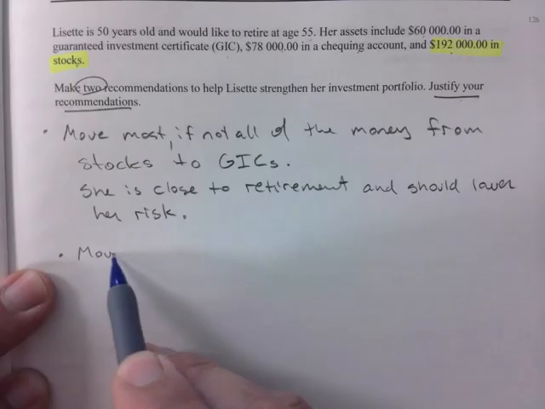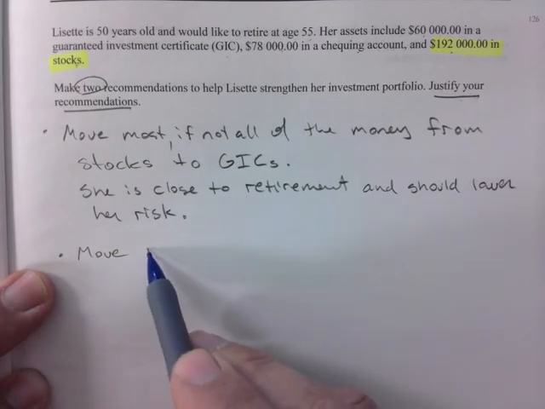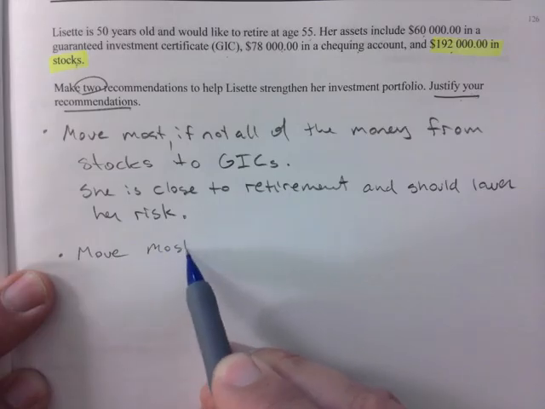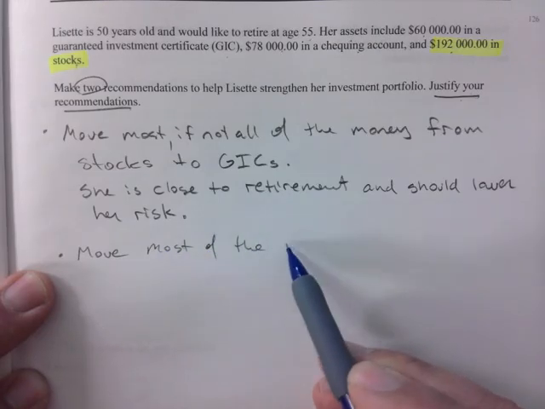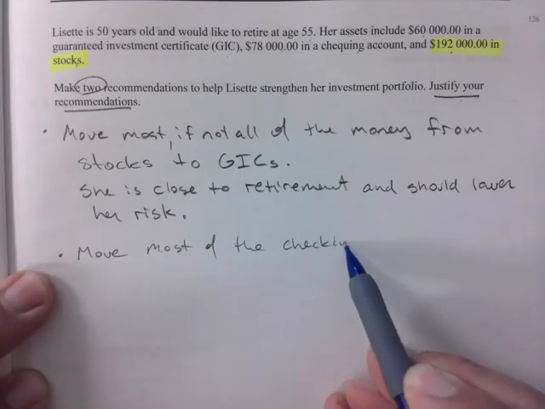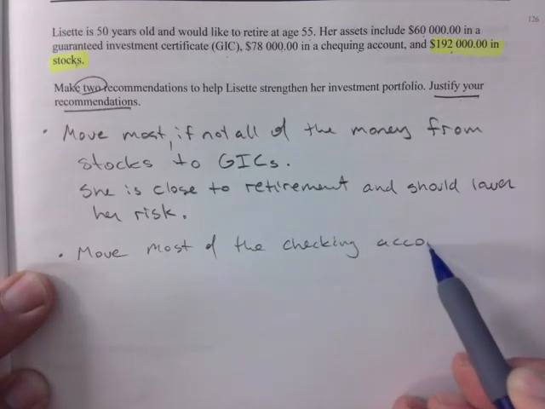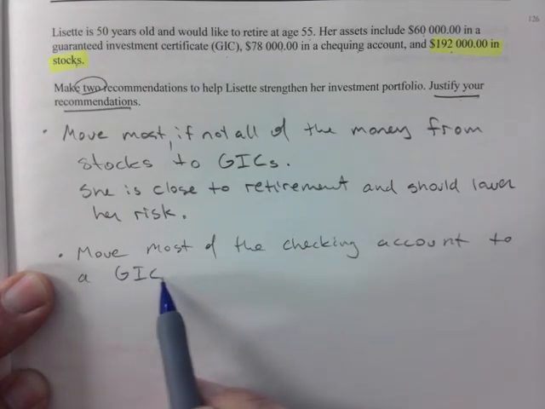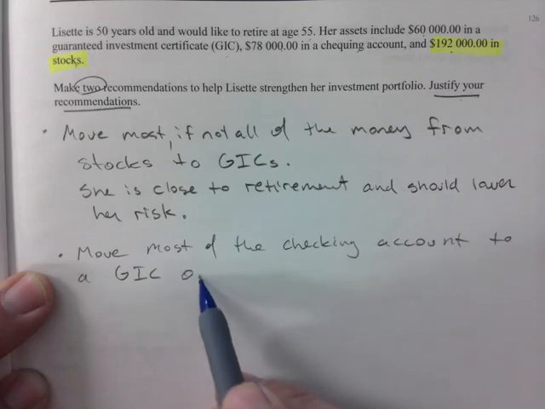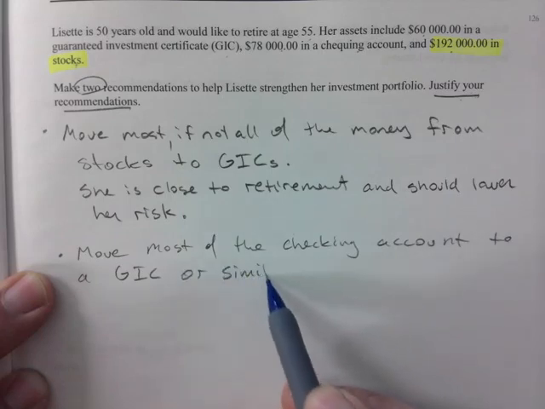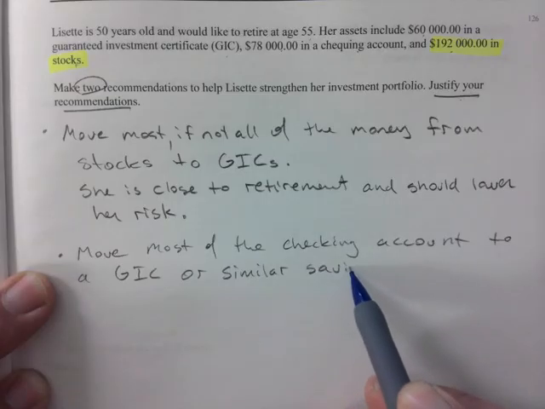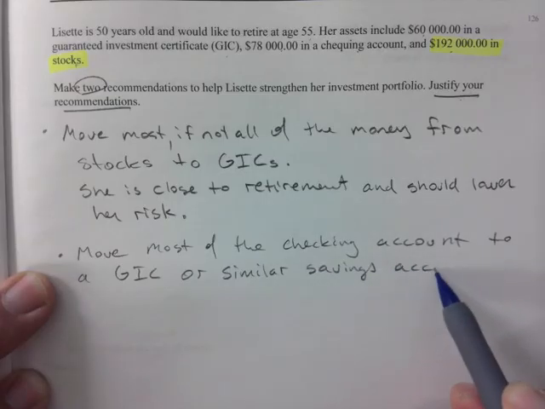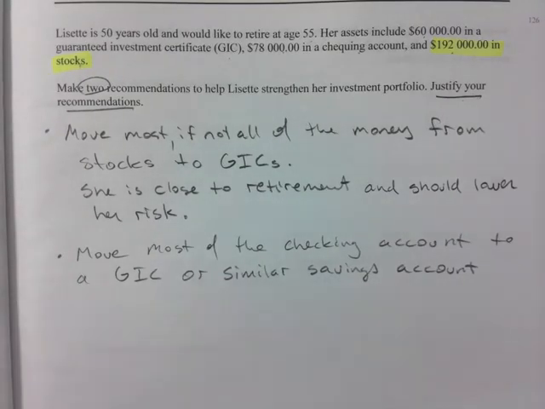move most of the checking account to a GIC or similar savings, and I didn't necessarily talk about this one, but a checking account doesn't earn you a whole lot of interest, right?